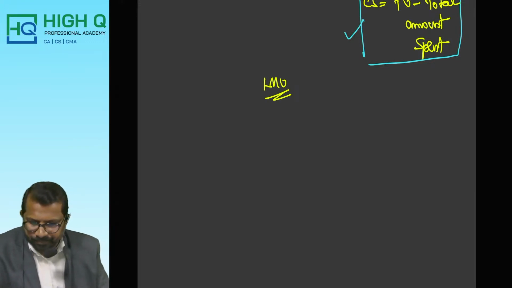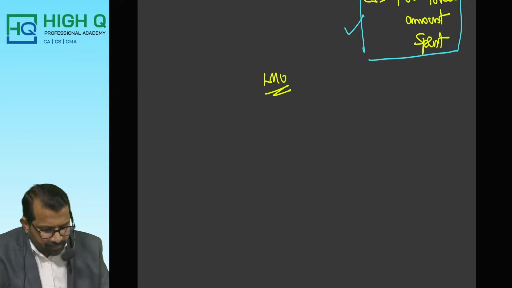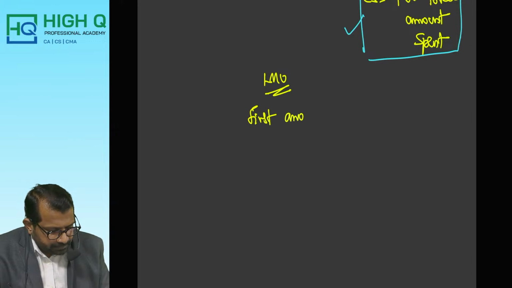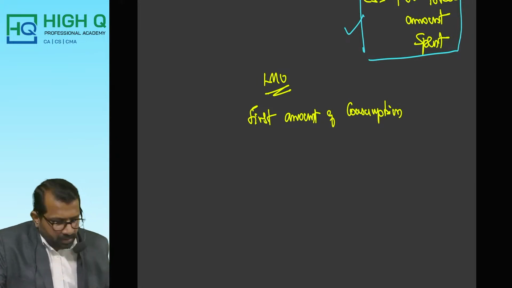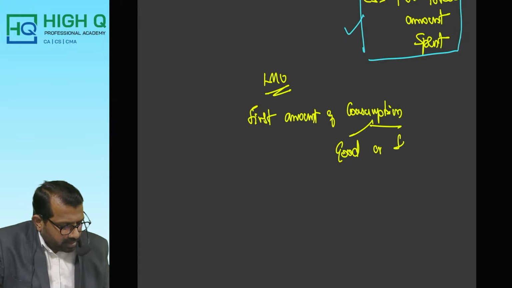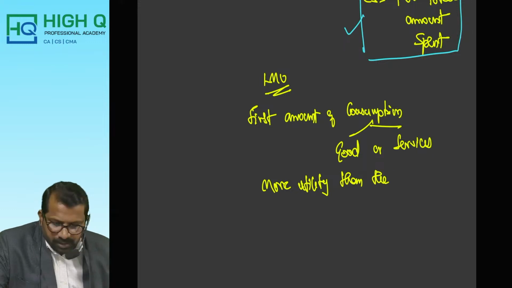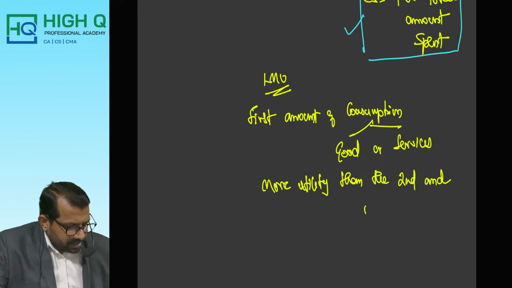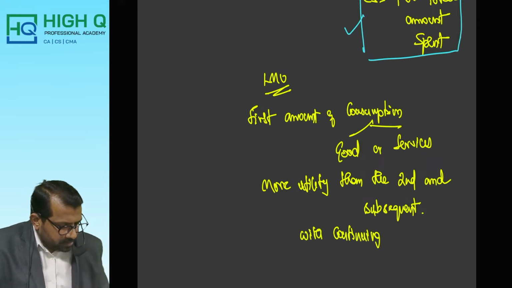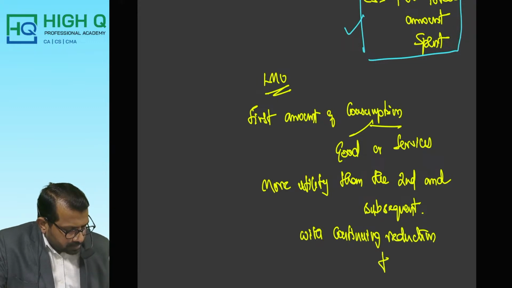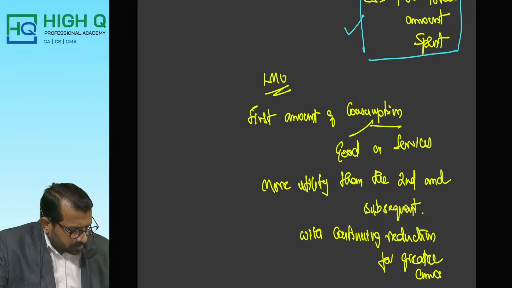Marginal utility. The meaning of marginal utility: the first amount of consumption of goods or services gives more utility than the second and subsequent, with continuing reduction for greater amounts.